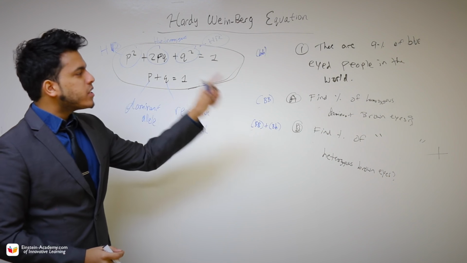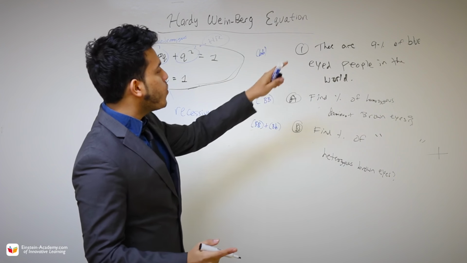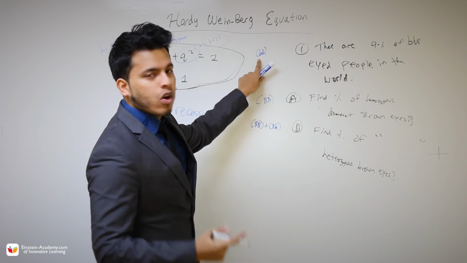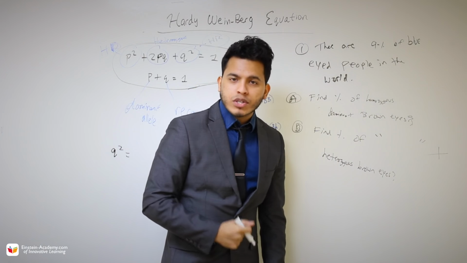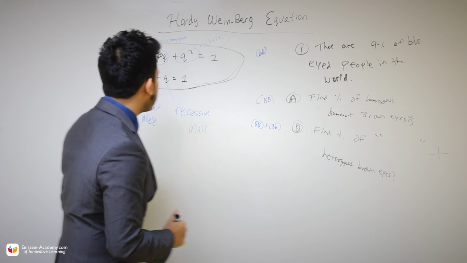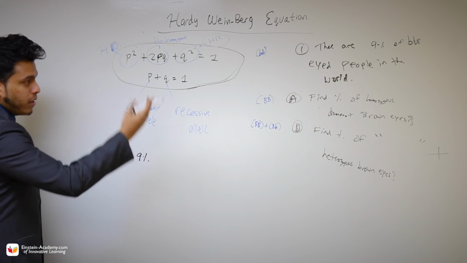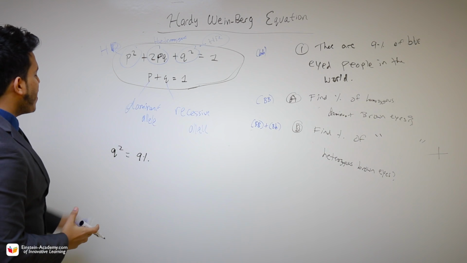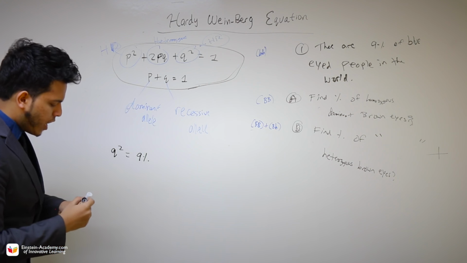There are 9% of blue-eyed people in the world. We know that blue-eyed people are homozygous recessive. I'm telling you 9% of the population have blue eyes, and that is q squared. So q squared is equal to 9%.